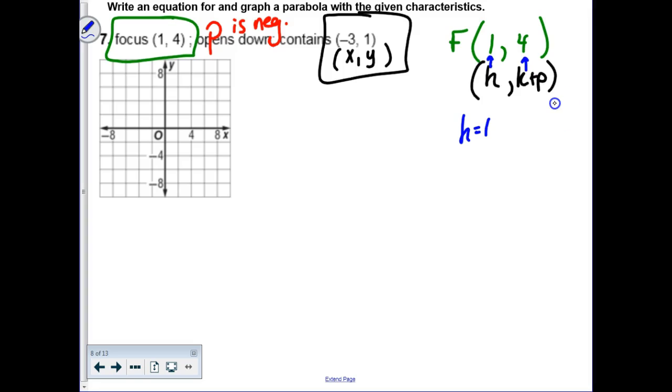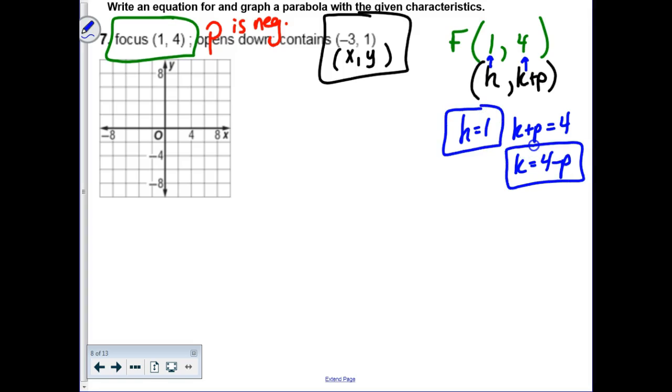And right here, we're going to have to substitute some algebra. So k plus p is equal to 4. If you rearrange that a little bit, you find out that k is 4 minus p. So we learned from our last example, we're going to have to come back and get h and k. So make a big deal about those, put a box around them.